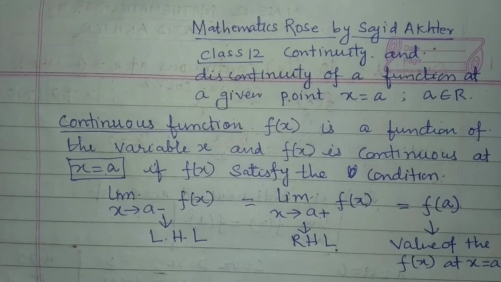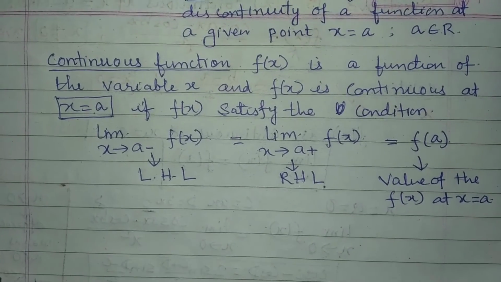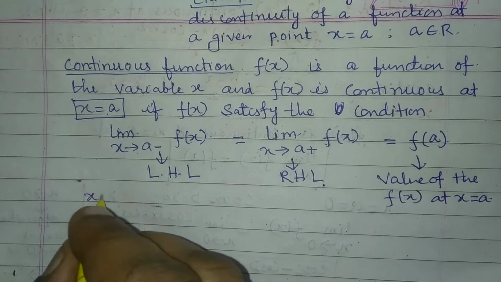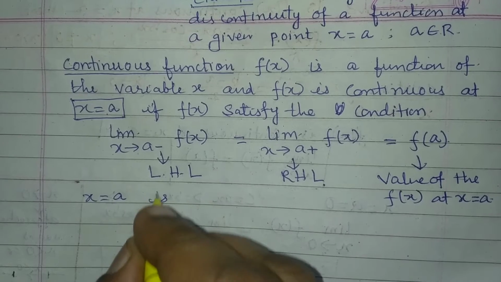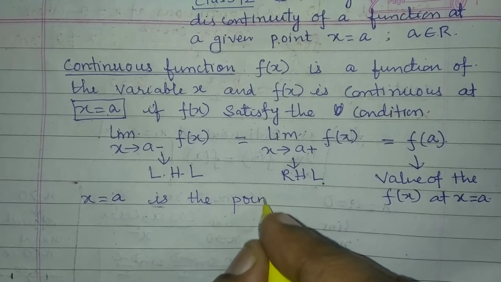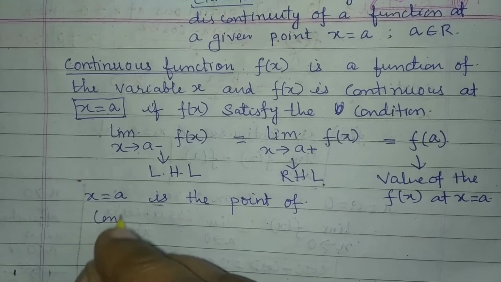If the function is not continuous at the particular point x is equal to a, we say that the function is discontinuous. So here x is equal to a is the point of continuity.